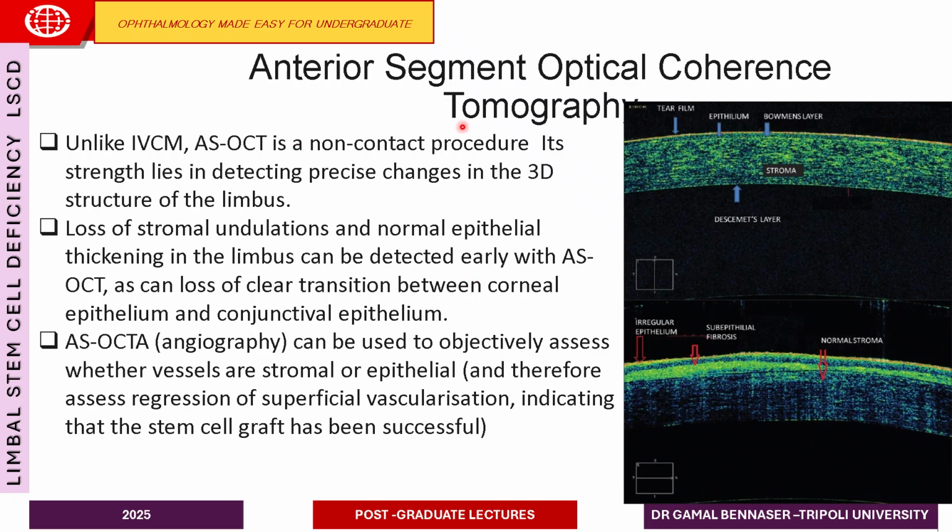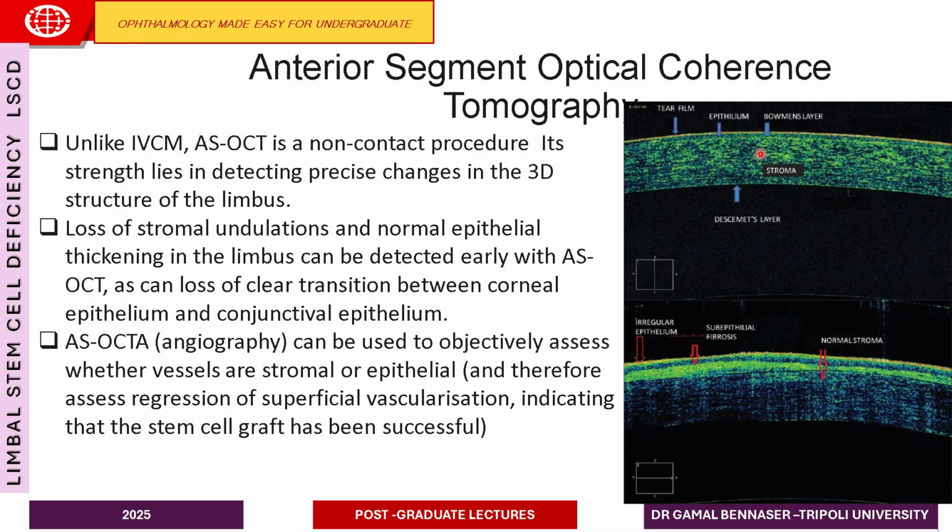So the anterior segment OCT is a very important and indispensable ocular imaging modality, nearly used as a routine procedure in most comprehensive clinical practice. It provides a three-dimensional image of the cornea and its detailed structure, namely the corneal epithelium, the stroma, and also the detailed architecture of the limbal area.